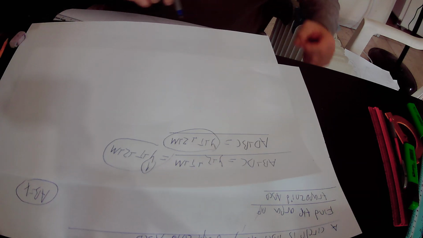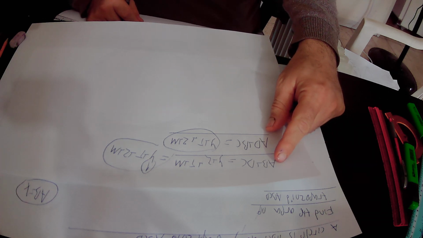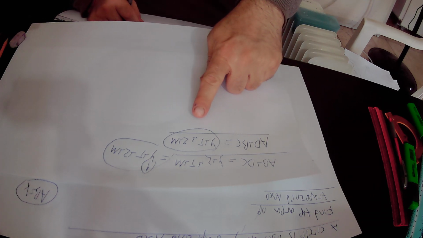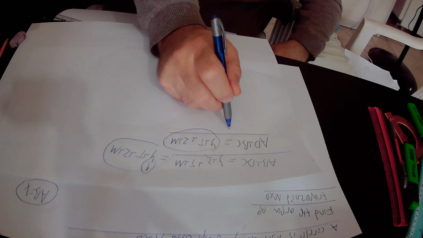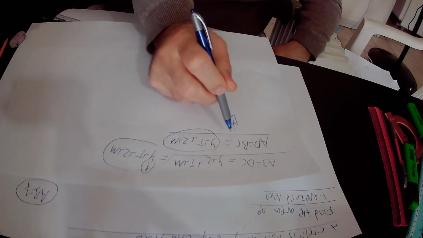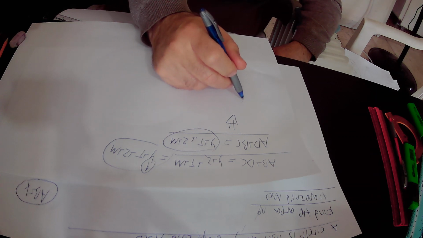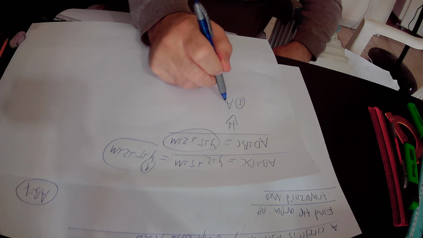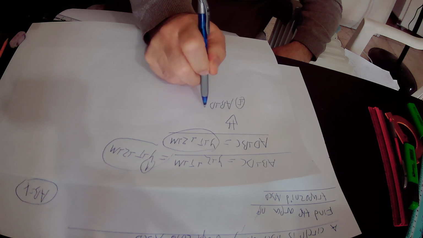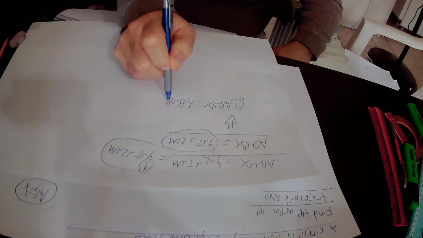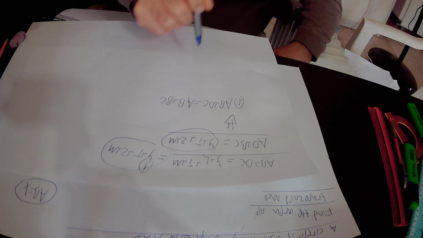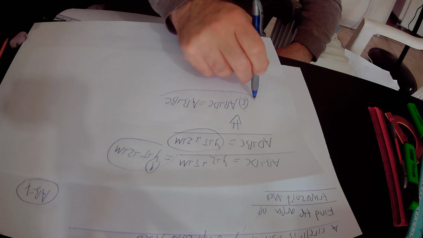Therefore, those two expressions are both equal to the same expression, and therefore they must be equal to each other. So we can derive from those two equations that AB plus DC equals AD plus BC. So this is equation 1.